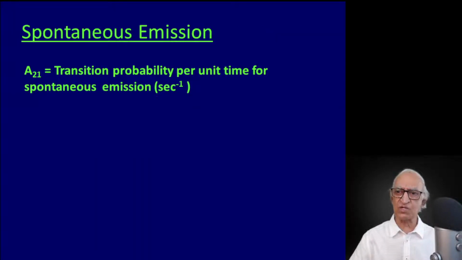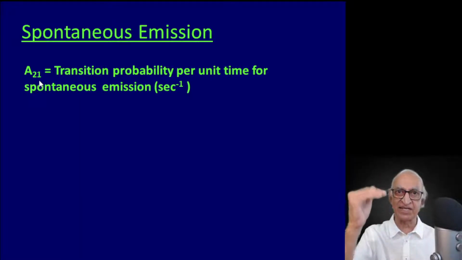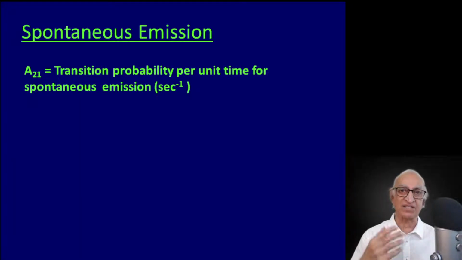According to quantum theory of radiation, the spontaneous emission coefficient A21 that Einstein introduced, Einstein simply introduced it as a coefficient. He didn't know in 1917 where this came from or how to derive this. That had to wait till we had the full quantum mechanics.